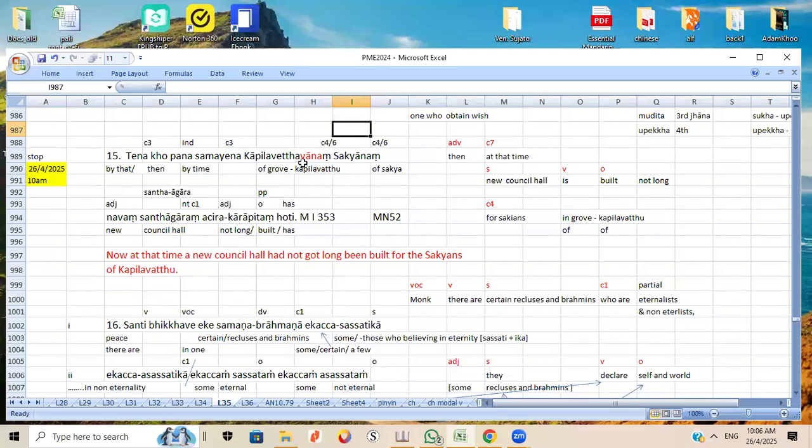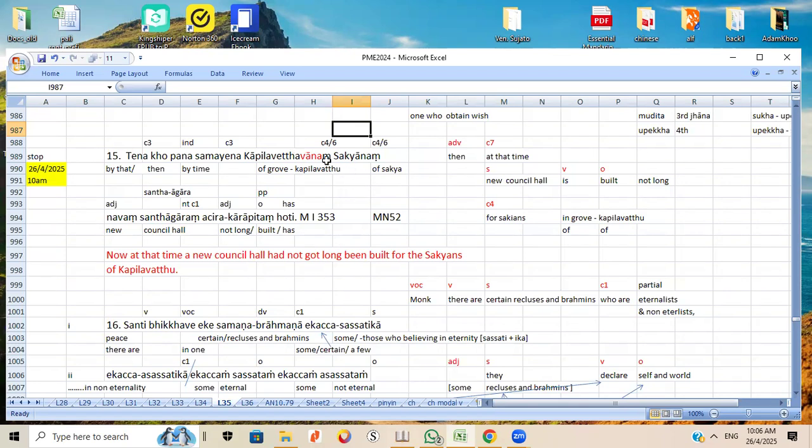Technically this is a grove. Then can you see this one, Kapilawat? Technically, when you translate it into English, it becomes Kapilawatu. So there is a difference between A and this.